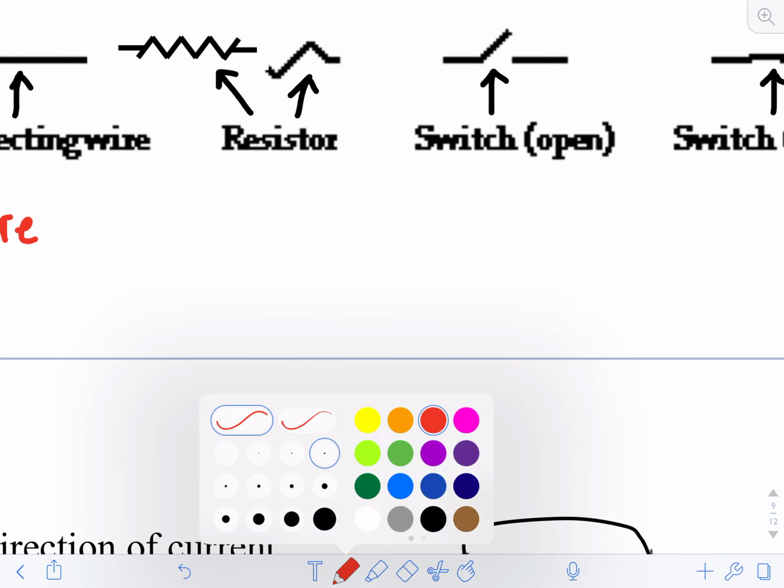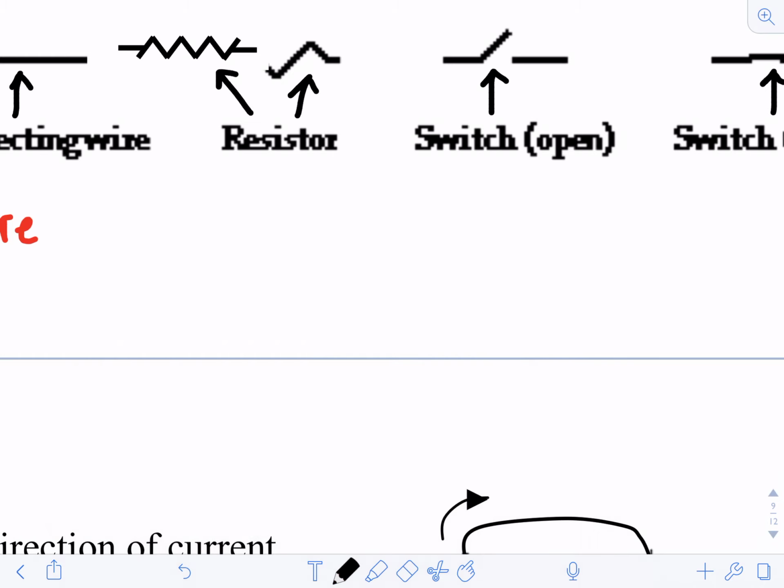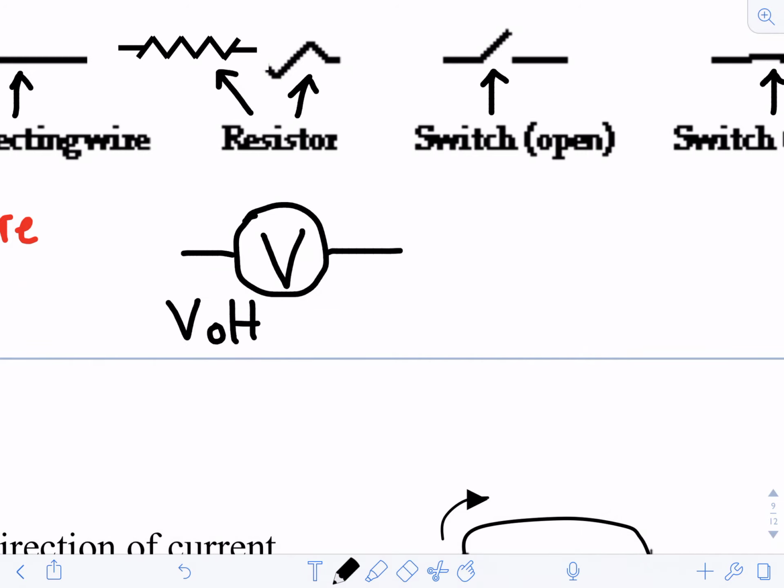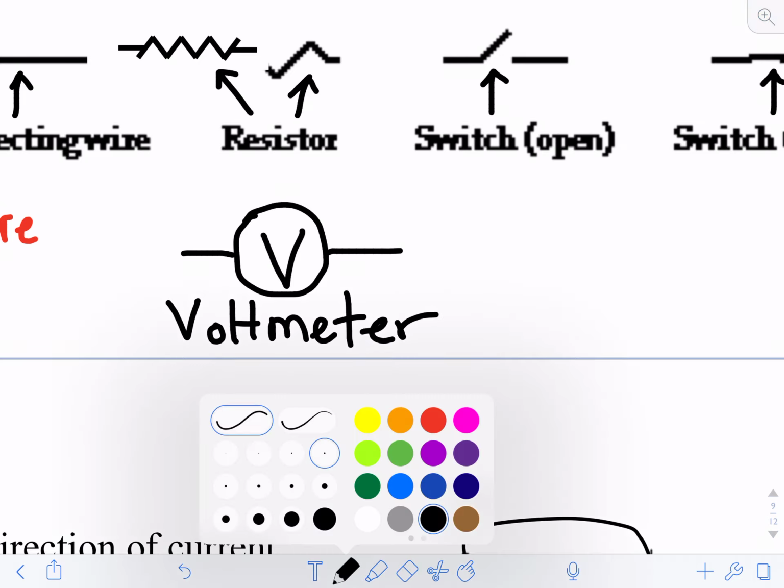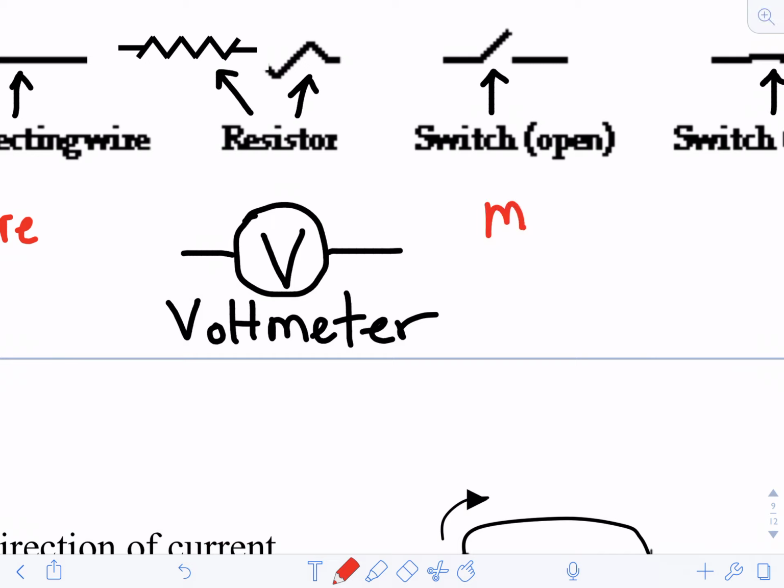Okay, the other one that I want you to know is pretty similar, but now it's the letter V inside of a circle in your circuit. Okay, and so this thing is called a voltmeter. And as you guys could probably guess, this thing is going to measure your voltage for you.